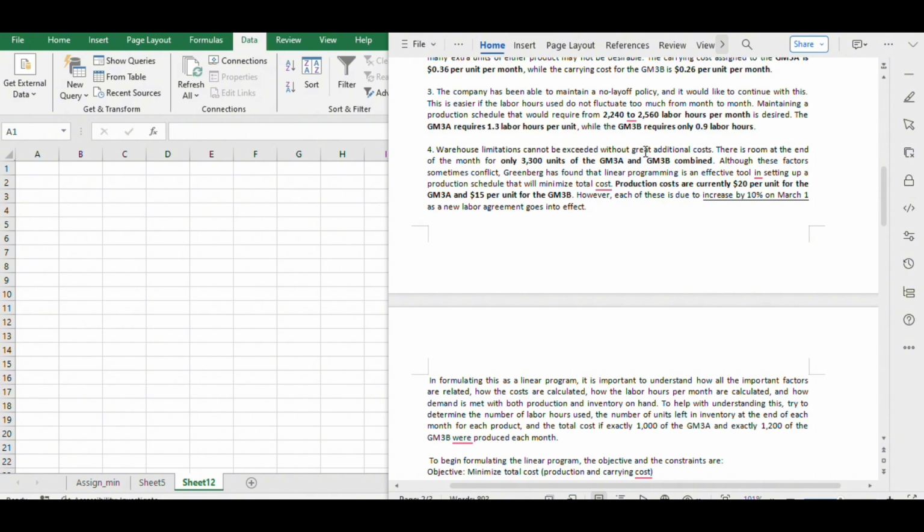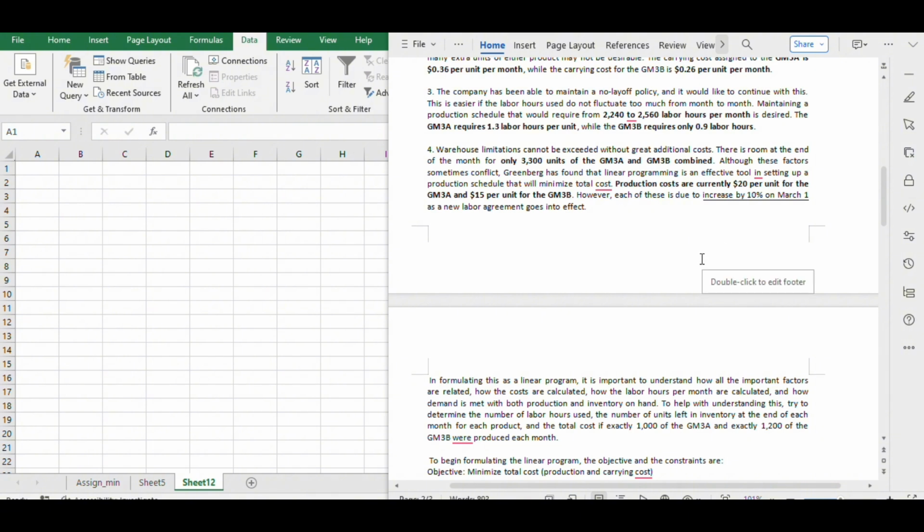So there is room at the end of the month for only 3,300 units of GM3A and GM3B. The production cost is currently $20 per unit for the GM3A and $15 per unit for the GM3B. However, each of these will increase by 10% on March 1 as a new labor agreement goes into effect.